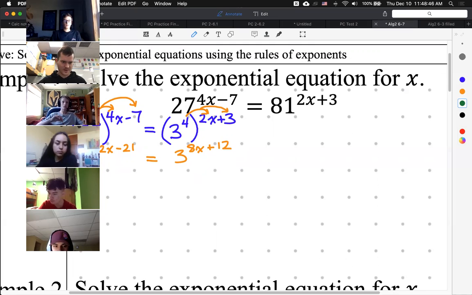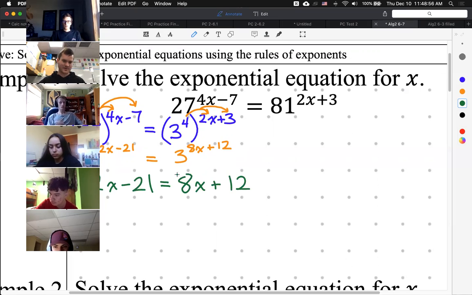Why are we allowed to do that? Because you have to find the x. We are trying to find the x, but because the bases are the same, in order for this equal sign to hold, the powers need to be equal to each other. So set the powers equal to each other. That's the only way to make that work.